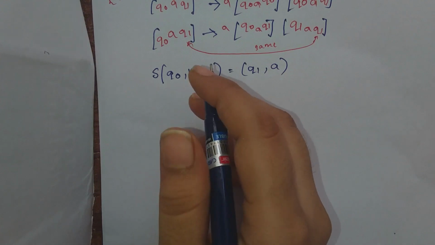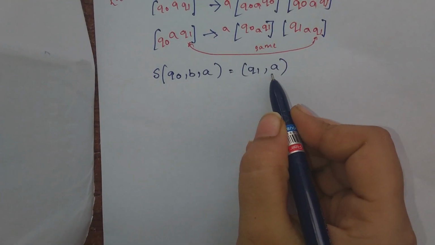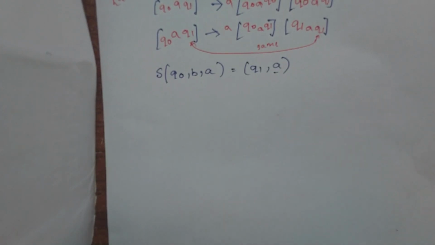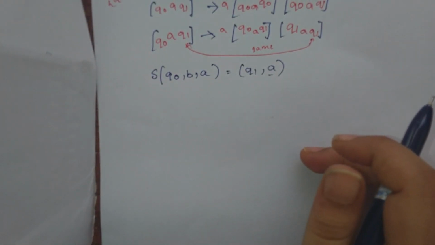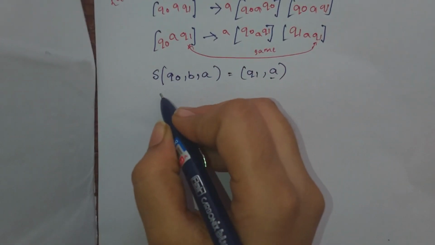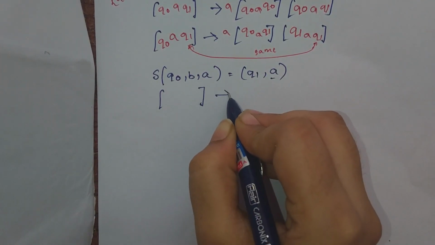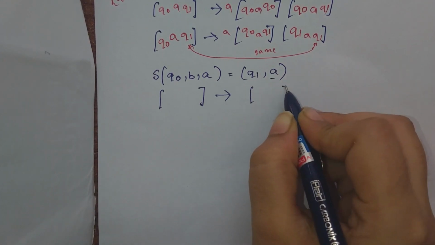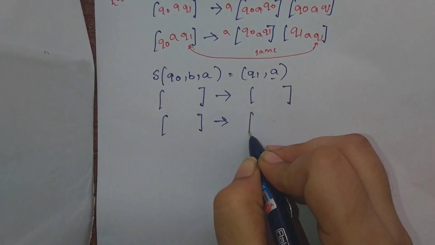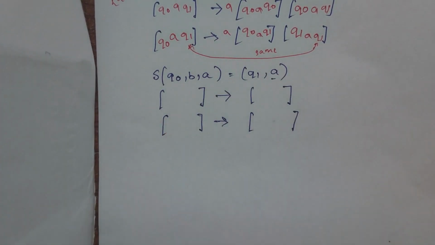This has only one symbol, so we'll get only 2 steps, which is 2 power 1. So the first state comes here, which is Q naught, Q naught.